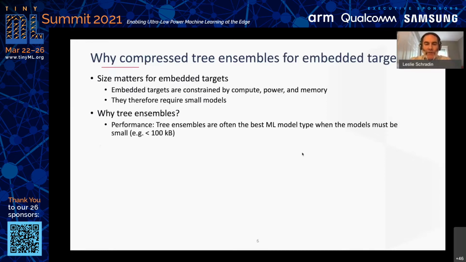Performance-wise, we at Qeexo have found that tree ensembles are often the best ML model type available when the models must be really small. Compression. Why compression? This is obvious. Obviously, when we compress the models, they're smaller.